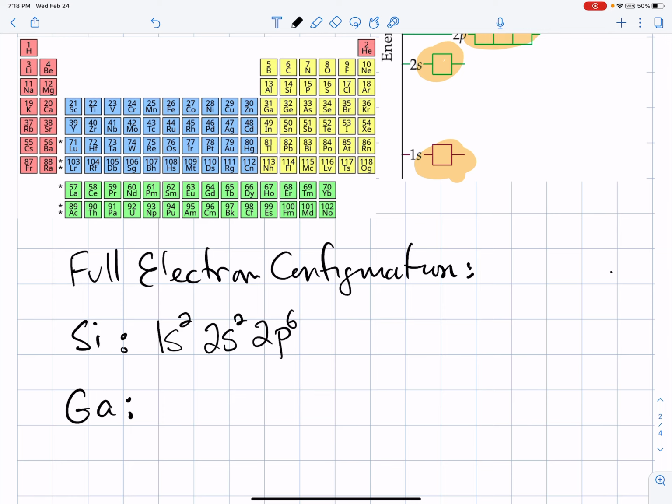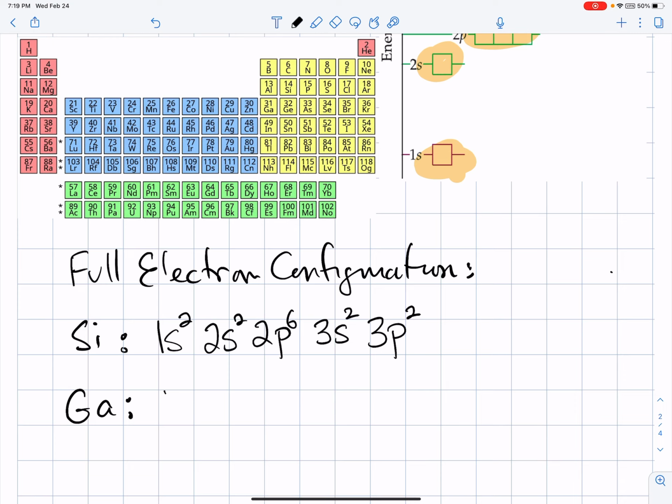We're at neon right now, and we're working our way through to silicon. So after 2p6 comes 3s2, we're at magnesium, and then 3p. Silicon is in the third row of the p block, so it's 3p2 because it's the second element in. So there's silicon's full configuration.